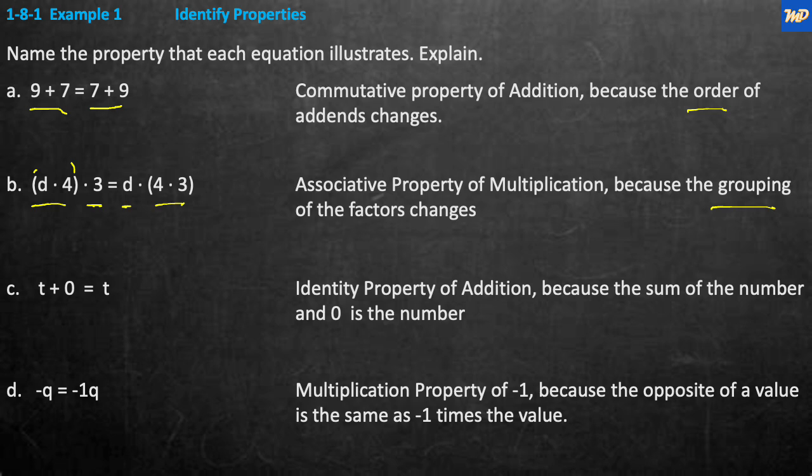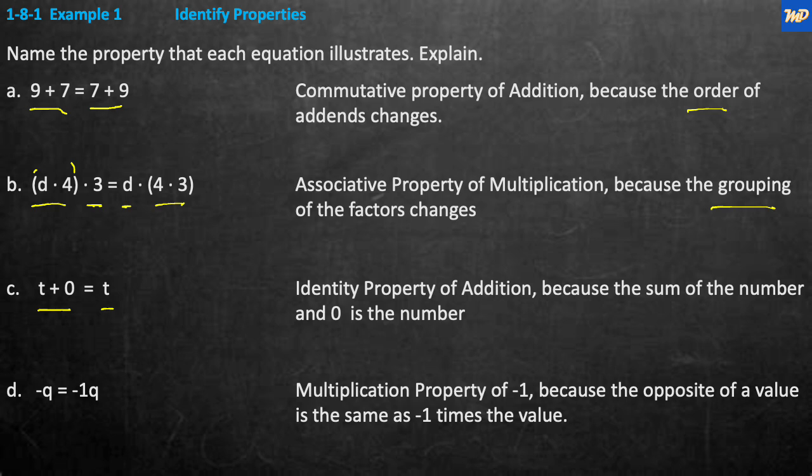And then how about t plus 0 is equal to t? Well, we're getting into an identity because how did t become t? So the identity property of addition is because the sum of the number and 0 is the number. So that's the identity property of addition. Okay.